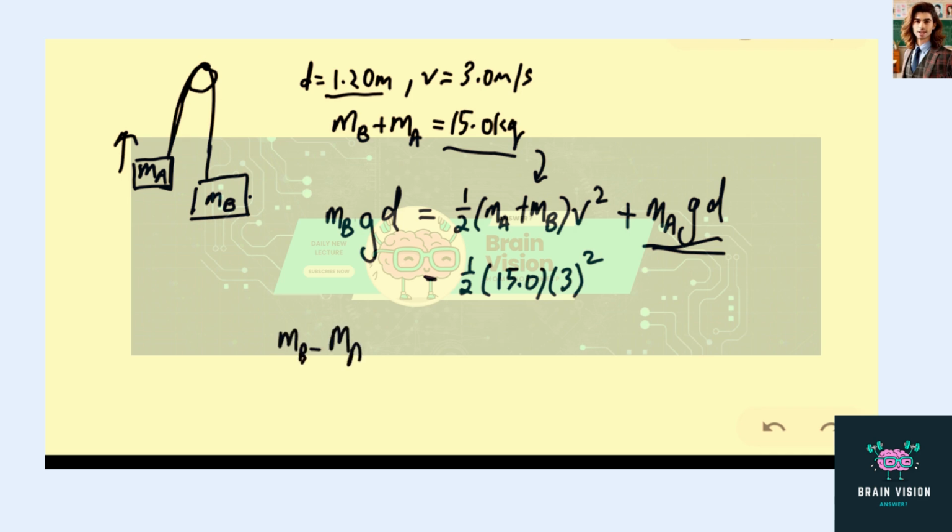So this (mB minus mA) times g times d is equal to half times 15 times 3 squared.